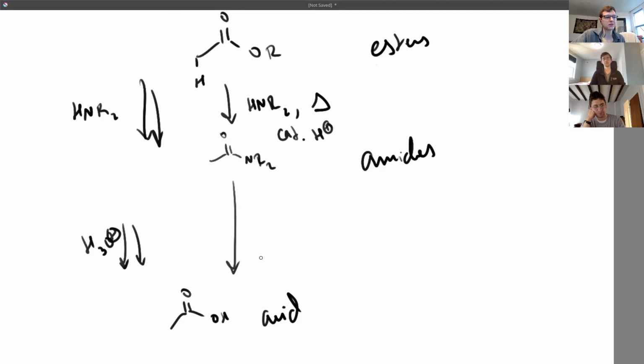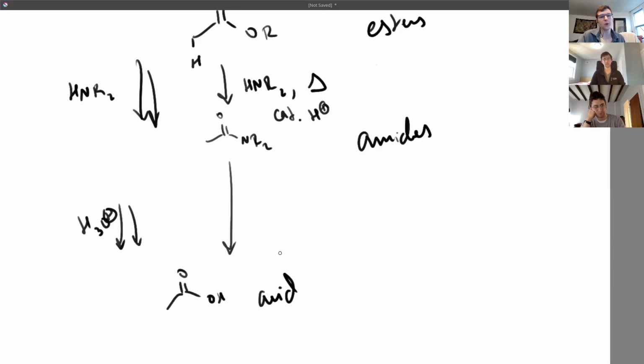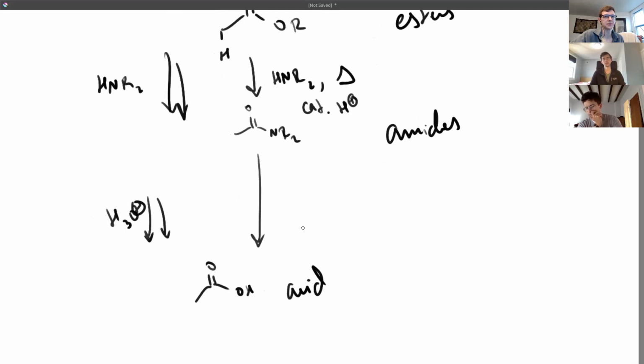Yeah, and then if we want to go to an acid, what should we put in there? Could you use base? Yeah, you could use either. I think you could use base and a ton of heat. Maybe not a ton of heat, it might not take that much heat. But you could use base, or you could use acid as well. I guess acid's better because you don't need to do a workup afterwards.